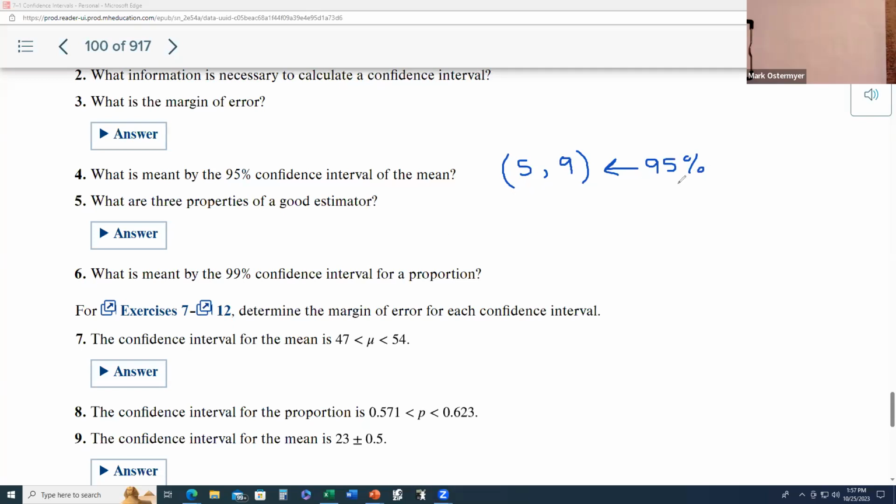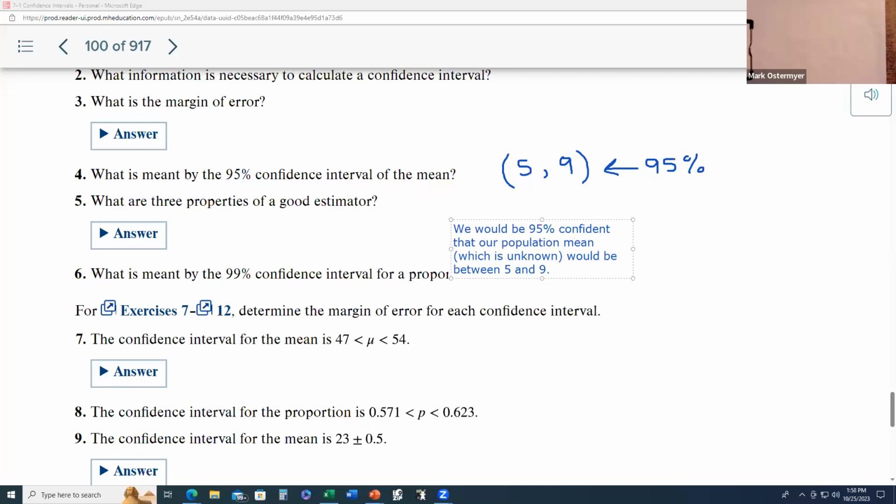If this is my 95% confidence interval for an unknown population mean, we could interpret it this way. We would say, and let me type this out because it's a lot easier for me to type than write it, we would be 95% confident that our population mean, which is unknown, would be between 5 and 9.